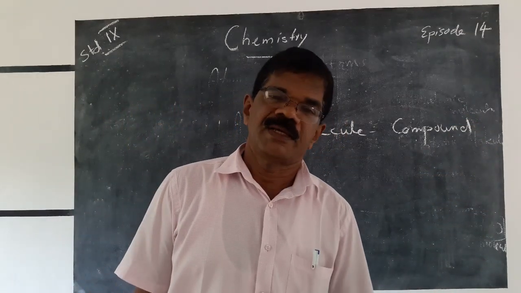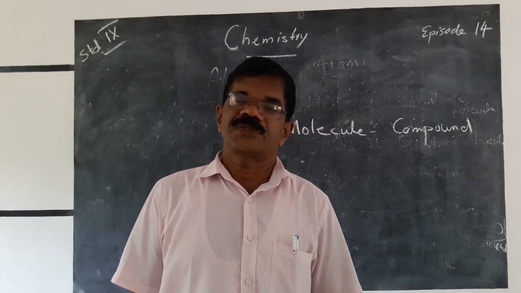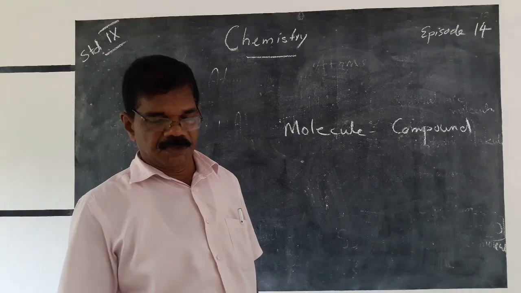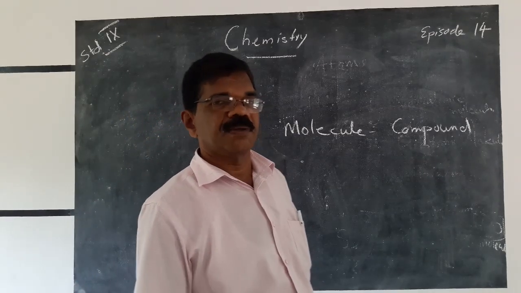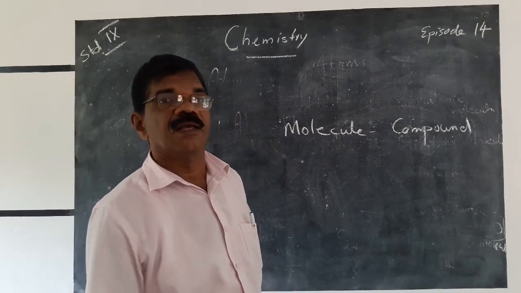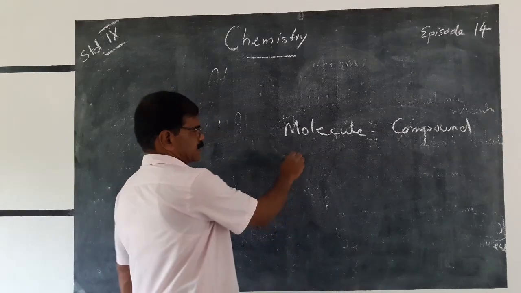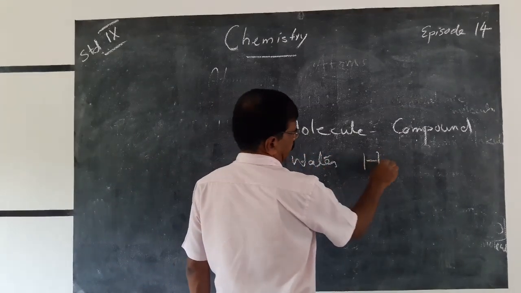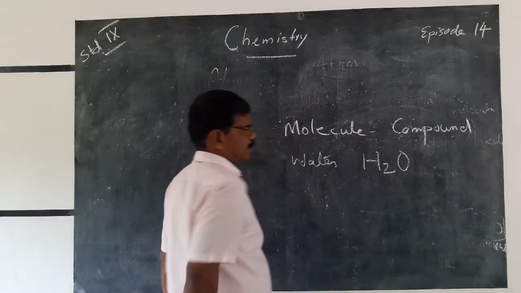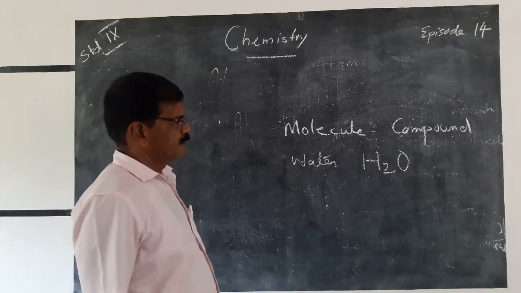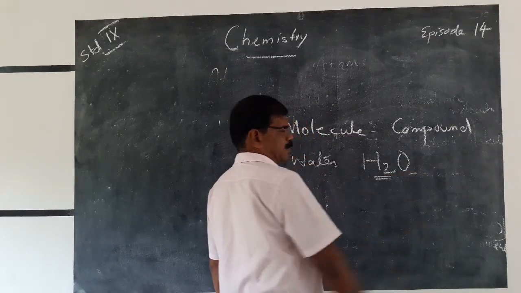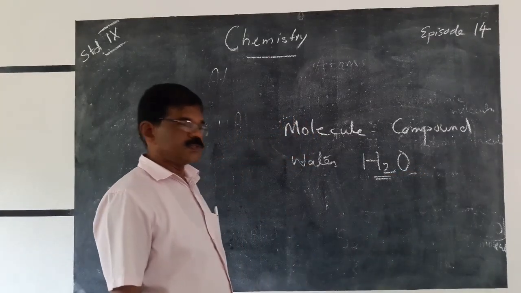The most familiar compound in your surroundings is water. What is its chemical formula? H2O. How many atoms are there? 2 hydrogen atoms combine with one oxygen atom to form H2O.